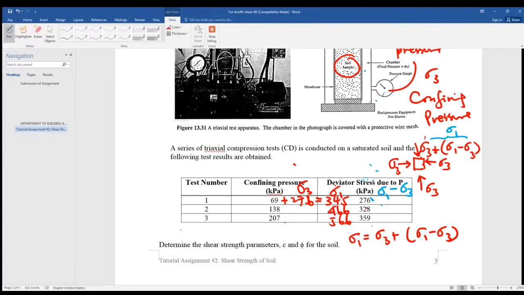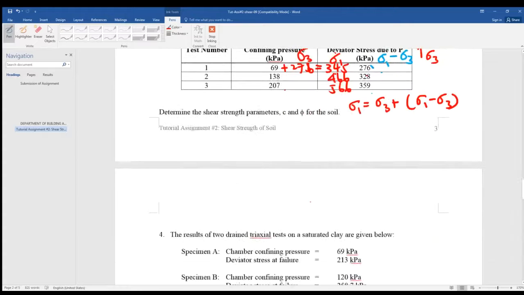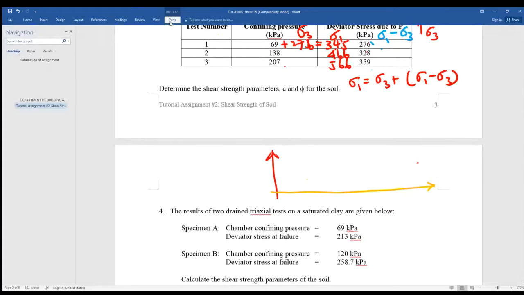Now let's take a look at how to draw the Mohr circles.